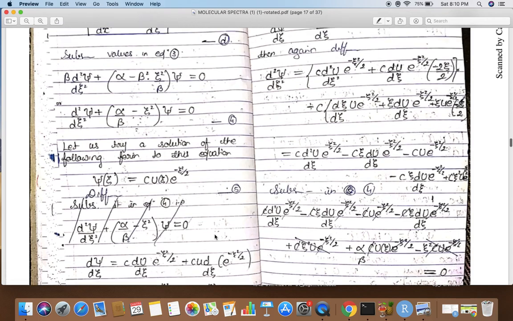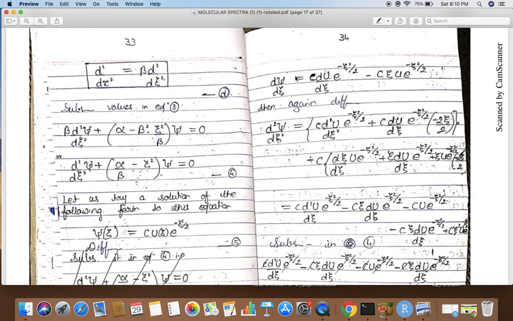Now finally you have d psi by d xi equal to c du by d xi exponential xi square divided by 2 minus c xi u exponential xi square divided by 2.